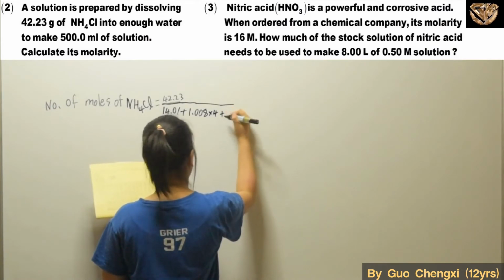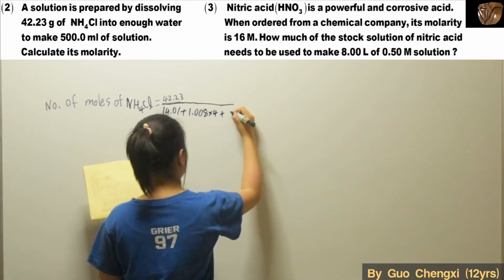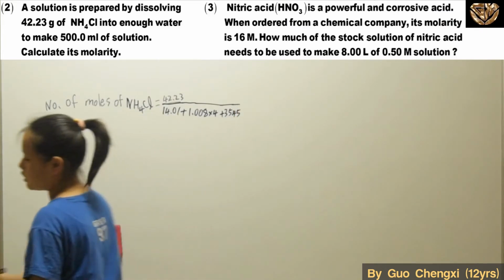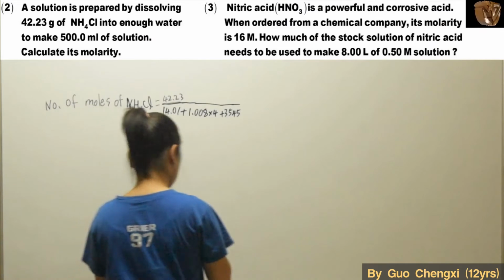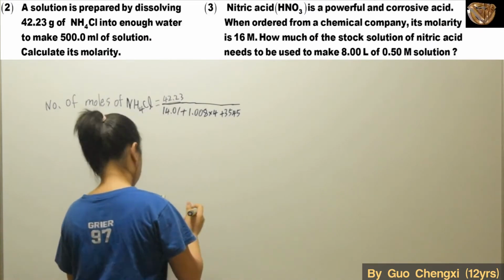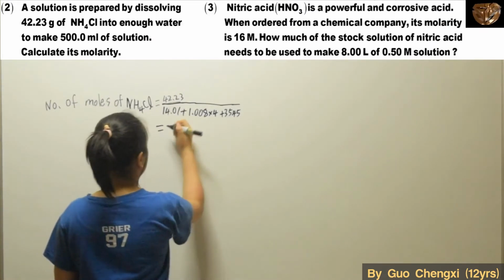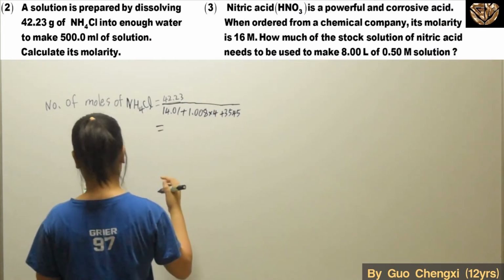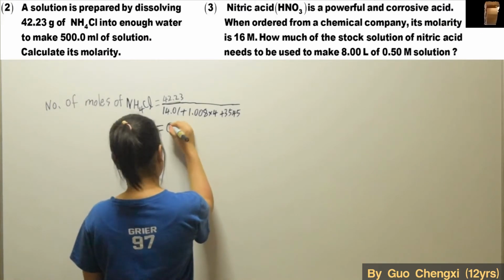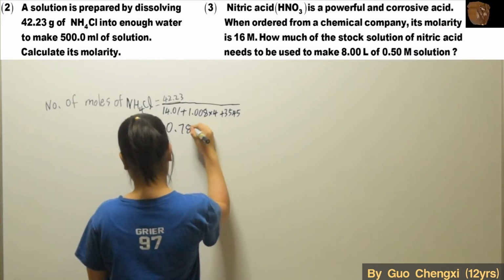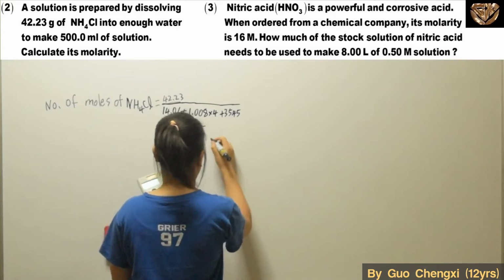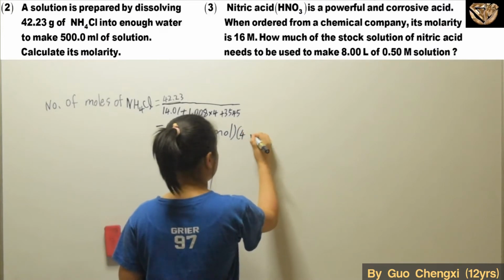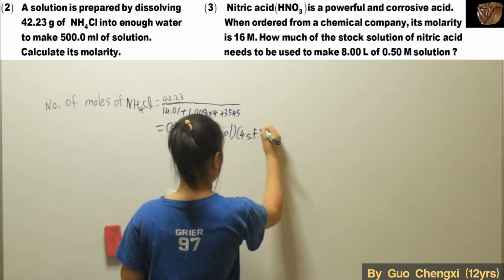Then you plus chlorine, which is 35.45. As you can see, these are all 4 significant figures, so we are also going to write it in 4 significant figures over here. So 0.7895. The unit is basically moles, and it is 4 significant figures.